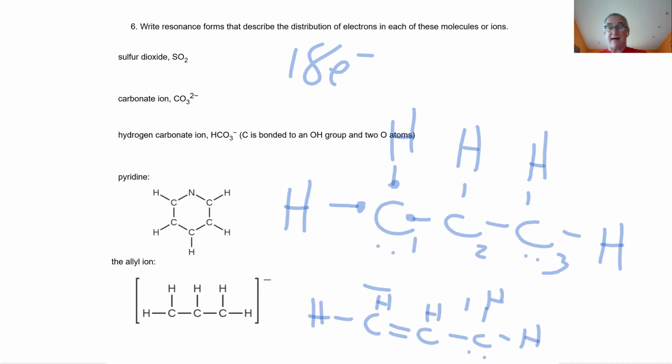And so what we would have is this pair of electrons being shared among all 3, and this pair of electrons being shared among all 3. That's basically how you would draw the hybrid structure. So you have 4 electrons being shared by 3 carbon atoms, and they would all have a partial negative charge.